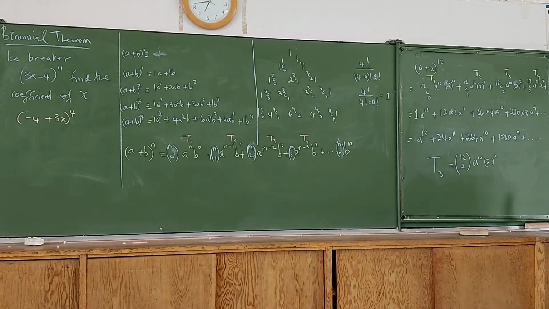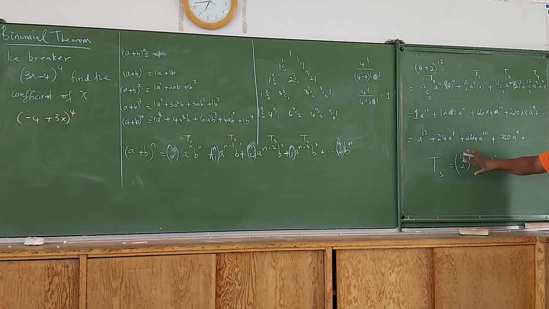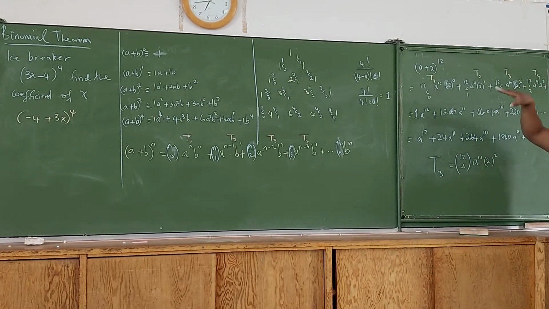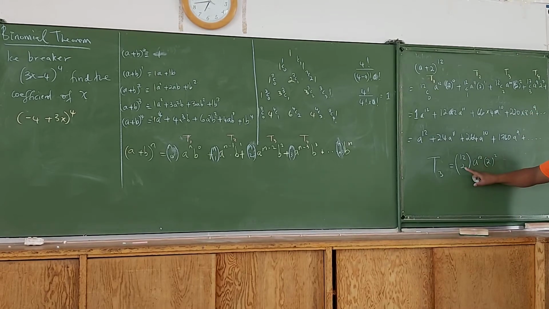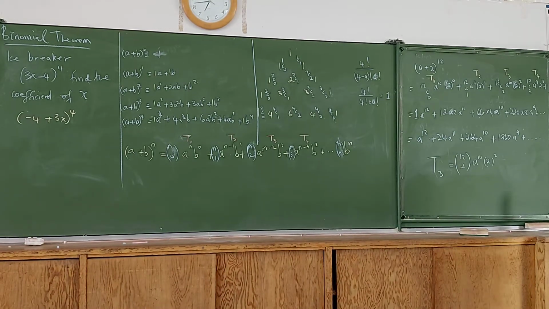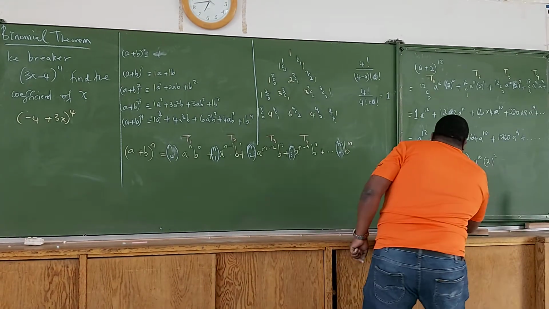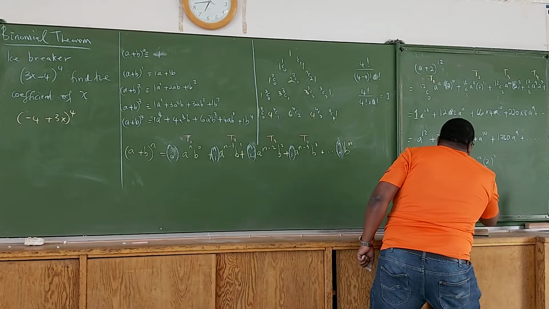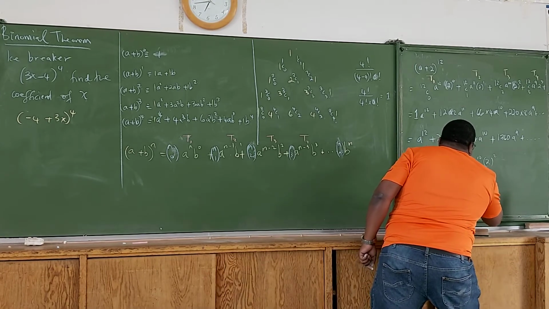Now here's the thing. I can pick them. When I write the third term of something, the 12 comes from if I'm given. But the r value is always 1 less than what I'm given. So I'm going to write it as follows. In A, I'm going to have n minus r.